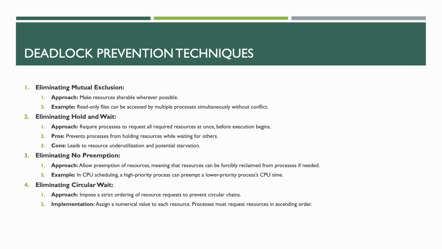Third, we can try to eliminate no preemption. So, allow preemption of resources, meaning that resources can be forcibly reclaimed from processes when needed. This approach ensures that essential resources remain available for critical processes but can lead to process interruption and inefficiencies.